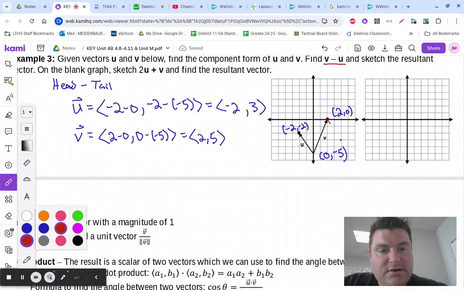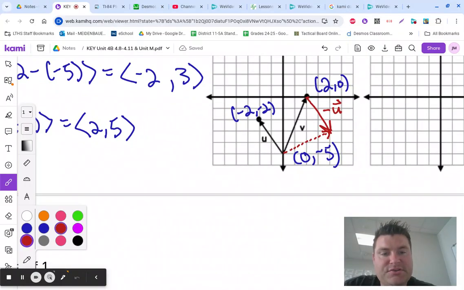And this right here gives me the opposite direction of u. So I'm going to label this as -u. From where v started to where we're ending right here, that's known as the resultant. That dotted line right there is the resultant. So I'm going to label that as R for resultant.